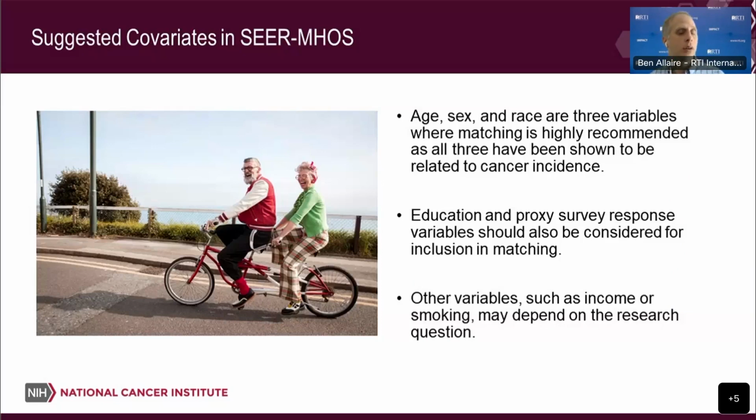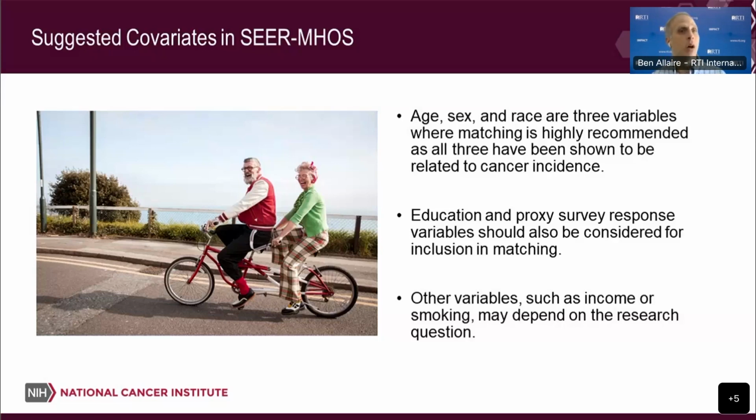Now, other variables such as education and proxy survey response are also ones that you should seriously consider including in matching. Then there are additional variables such as income or smoking, and including those might be useful.